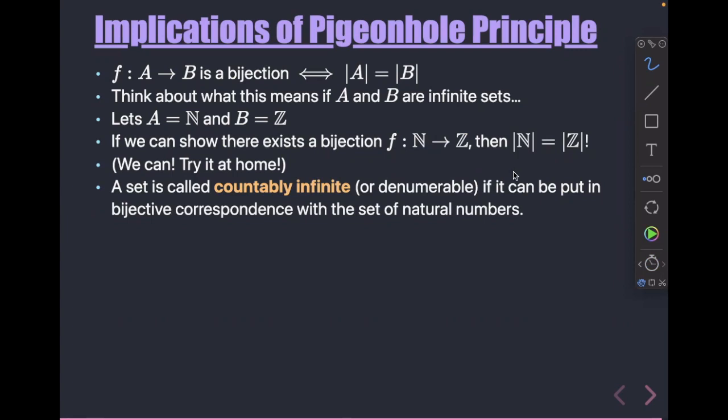In other words, we have an idea of the size of that infinity because we know it's the same as the size of the natural numbers. So that is the idea of something being countable, and this is how that definition works. If you were to define this bijection, it would show that the set of integers is countable.